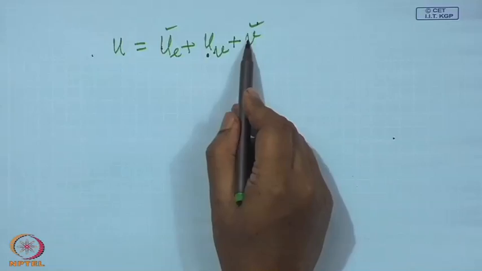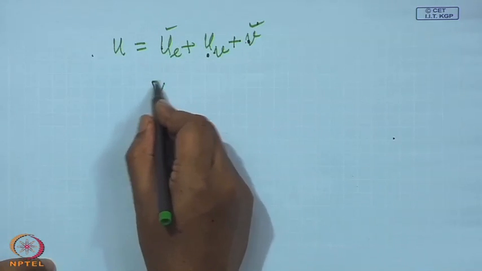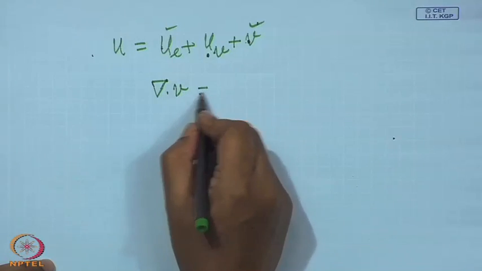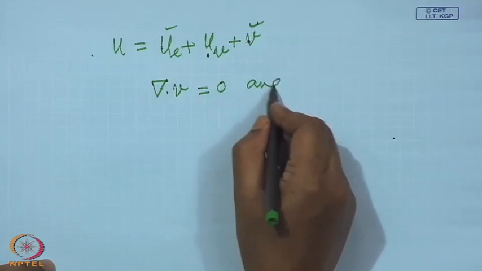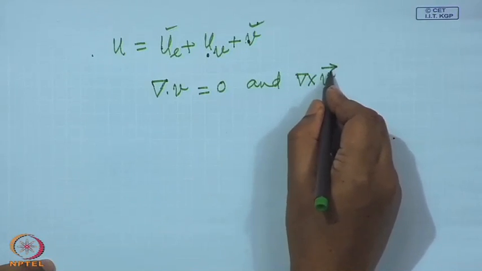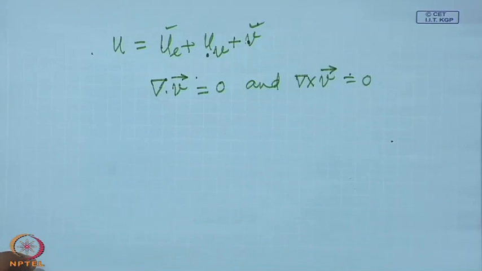That is, there is no expansion and no vorticity associated with it, or in other words, both divergence of V equal to 0 and curl of V equal to 0. So, this is the part of the velocity which is without any expansion, without any rotation.